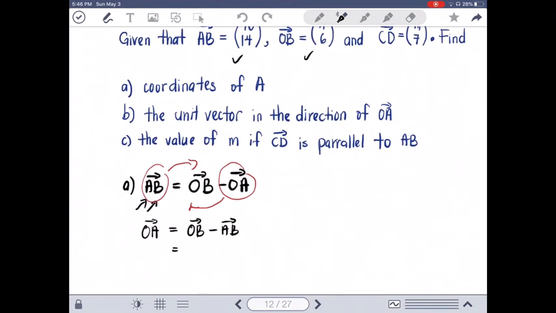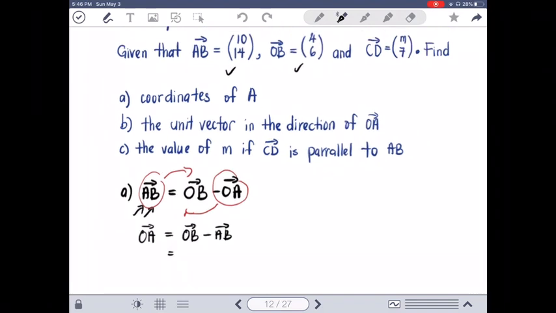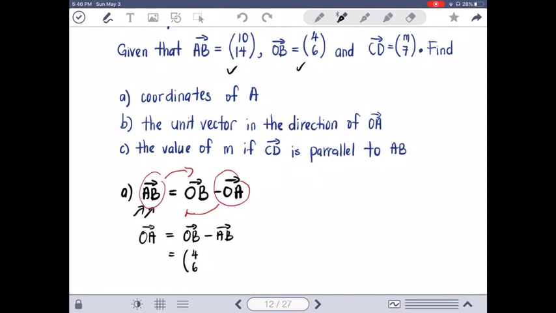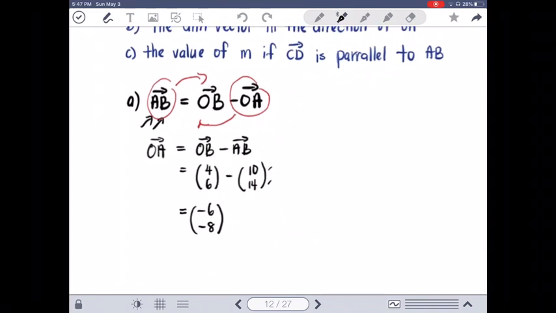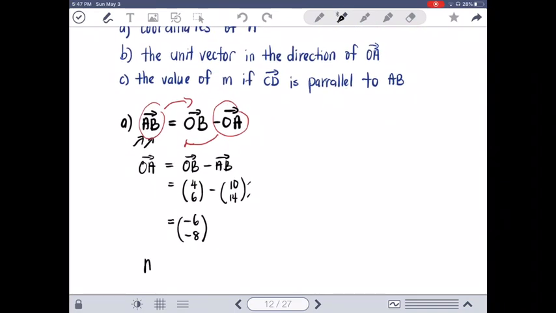From the question, OB is equal to (4, 6) and AB is equal to (10, 14). So we get component minus component, top, top, bottom, bottom. 4 minus 10 is negative 6. 6 minus 14 is negative 8. So the coordinates of A are (negative 6, negative 8).